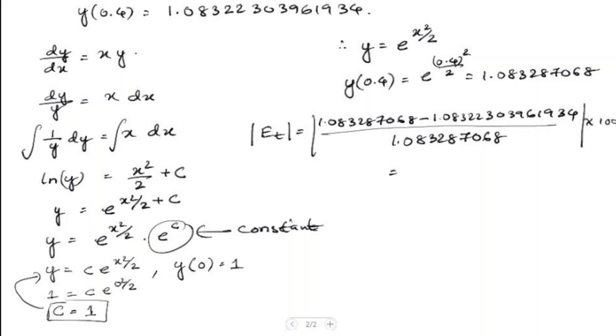That gives us an error of 0.0059%. And that's the end of task 1.